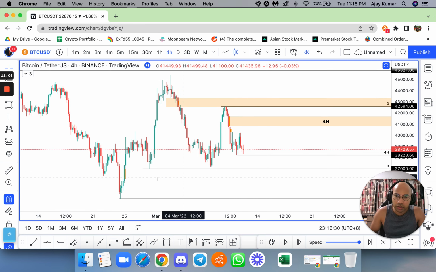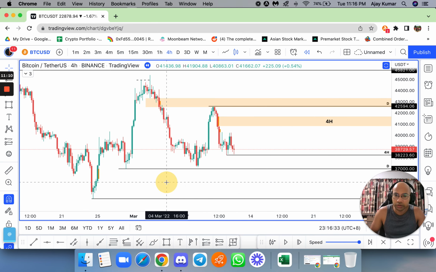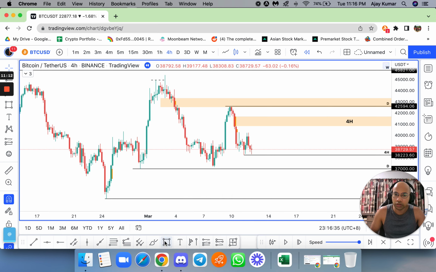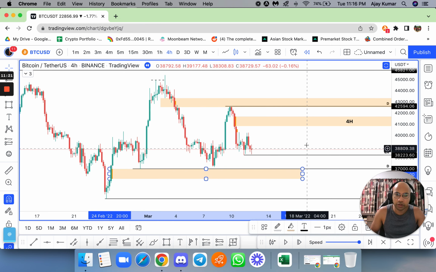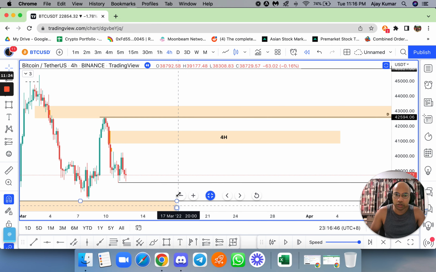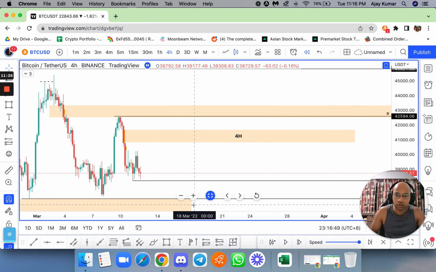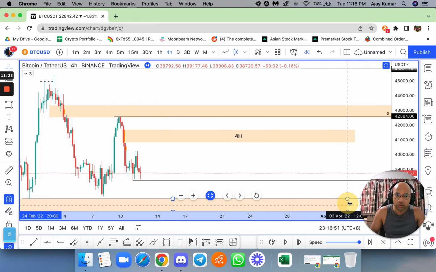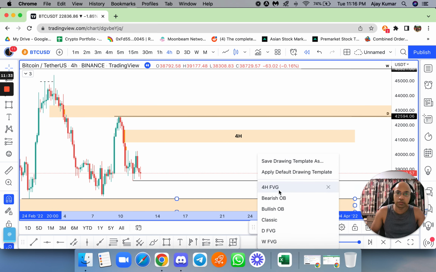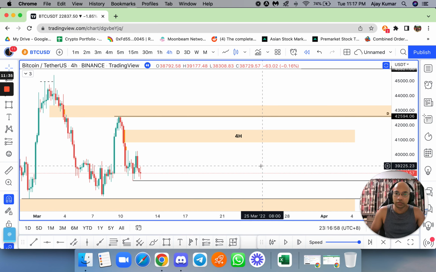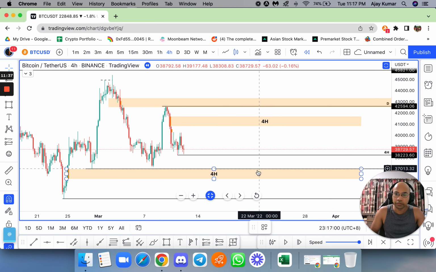Okay. Now there's a fair value gap here. Let's mark it out. Let's do this, maybe. Okay. Fair value gap on the 4-hour chart. Anything else?